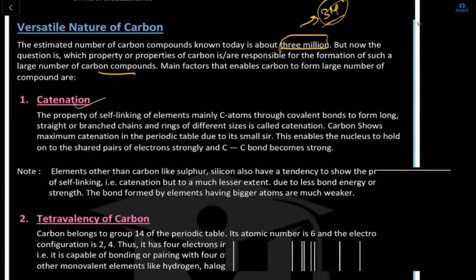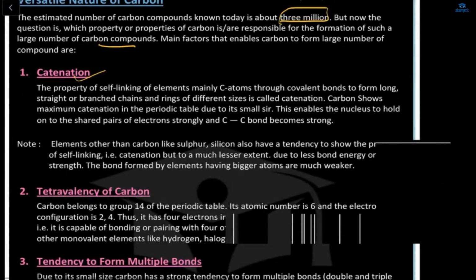First we will talk about catenation. What is catenation? The property of self-linking. Now, you explain this paragraph to me. Anybody? Safia, what is catenation? It's the property of carbon to form bonds with other carbon atoms, and it can form long chains. Yes.